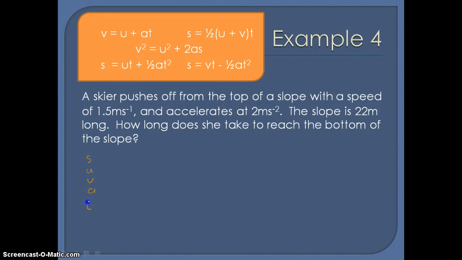So quickly make our list again. So we've been given the initial velocity of 1.5 meters per second. We've been given an acceleration of 2 meters per second squared. And we've been given the displacement, the length of the slope, of 22 meters.